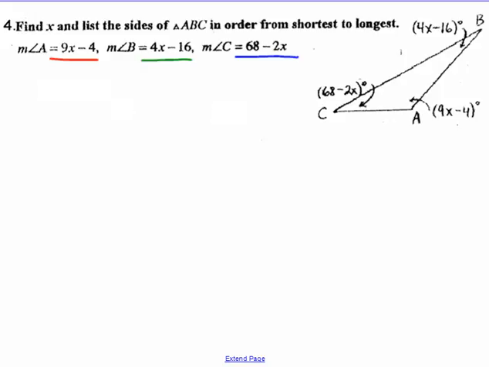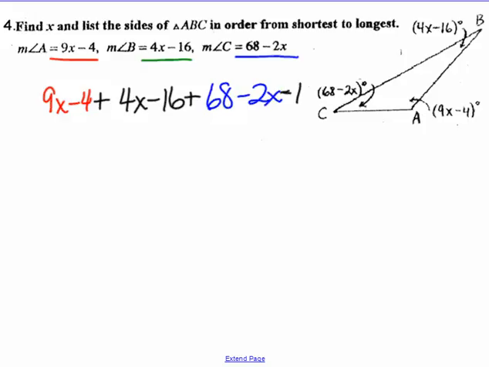Okay, so 9x minus 4 plus 4x minus 16 plus 68 minus 2x equals 180.